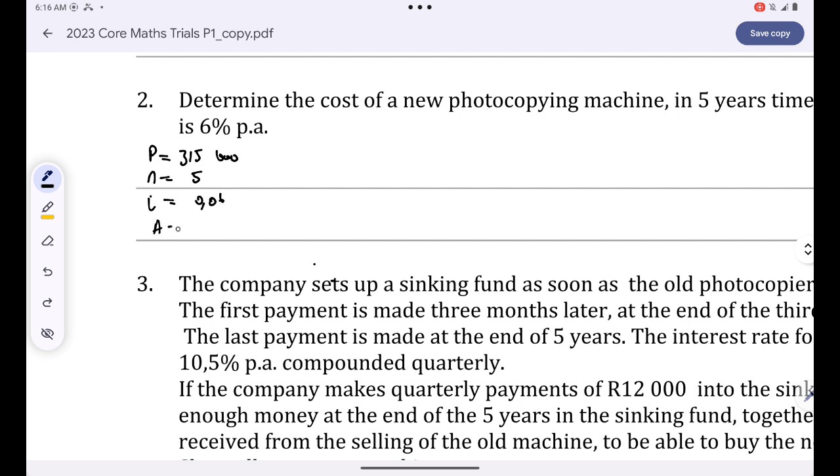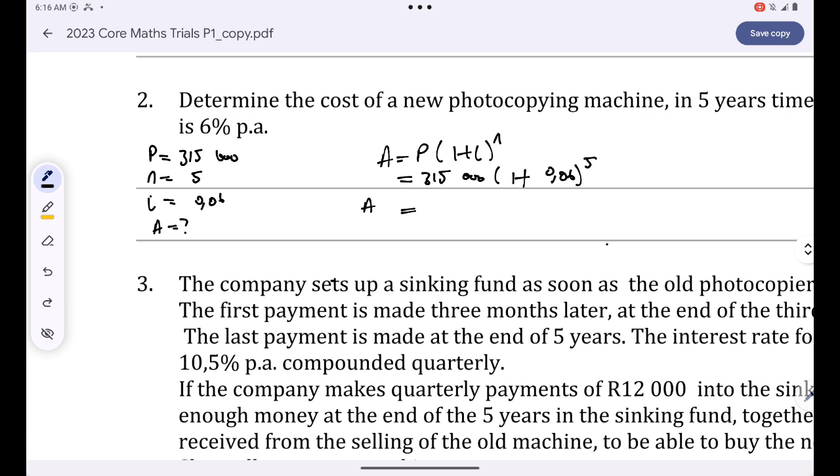I'm looking for the amount of a new photocopying machine in 5 years' time. So I'll simply say A is equal to P(1 plus i)^n. This is R315,000 multiplied by (1 plus 0.06) all raised to the power 5.